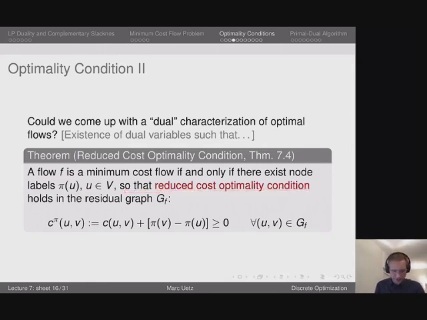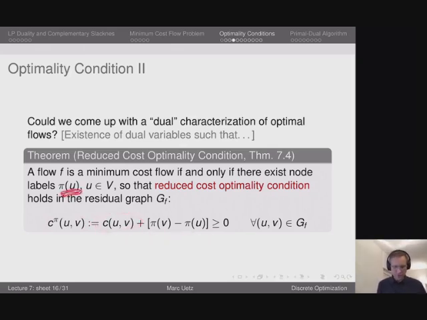Later on, we will show that this condition is equivalent to the complementary slackness condition. But for the moment, I just give the definition. So the reduced cost of an edge from u to v is the original cost minus the potential difference.